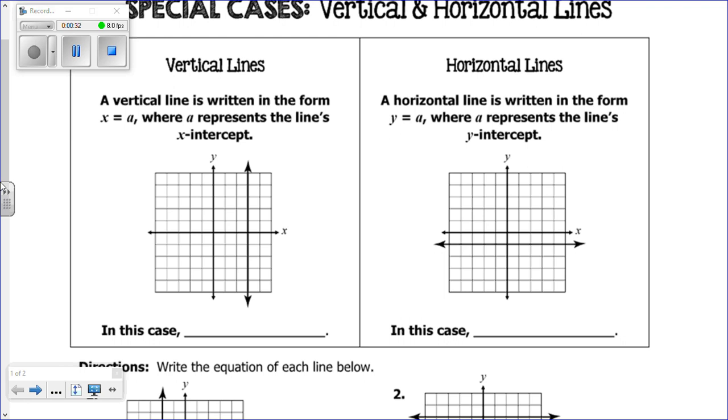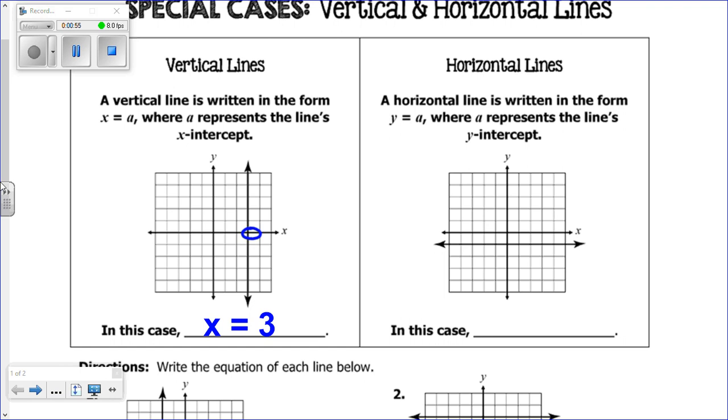Because the vertical line does cross the x-axis, we know it has to be in the form x equals. For example, in this case, the equation would be x equals 3 because it is crossing the x-axis at 3. Okay?